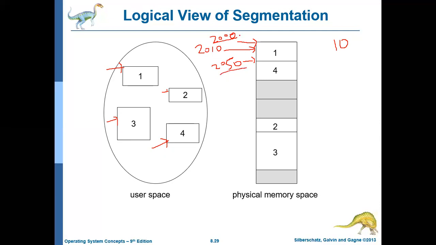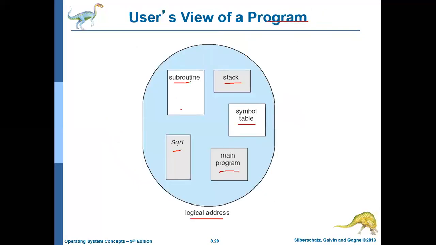But always using segment name is not convenient. So instead of segment name, we use segment number. For every segment name, a number will be given. If you see in the first diagram, all segments are named: this is called a subroutine, this is a stack, this is a symbol table, this is main program, this is square root.